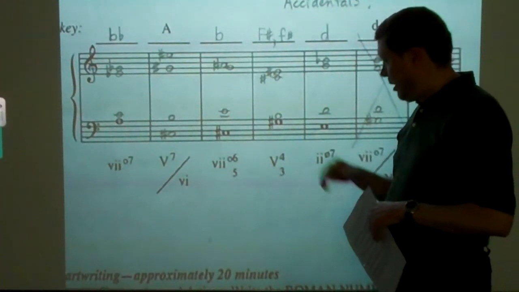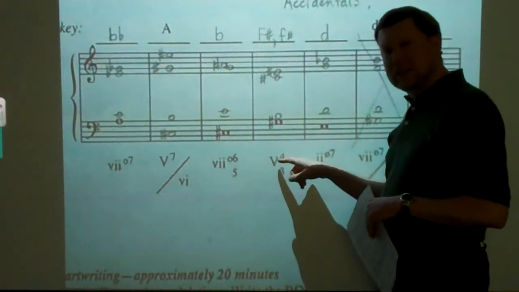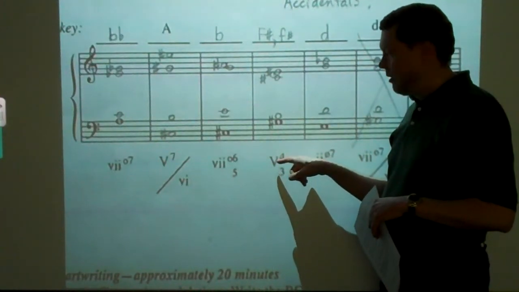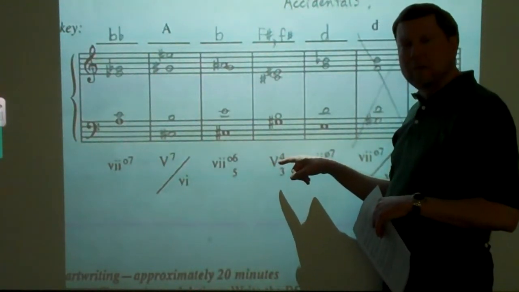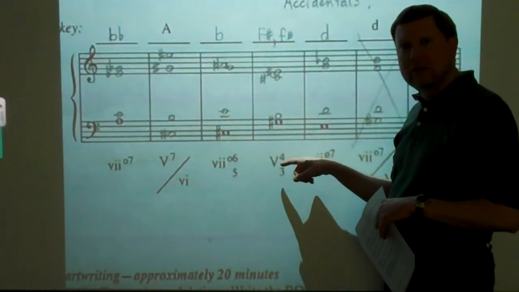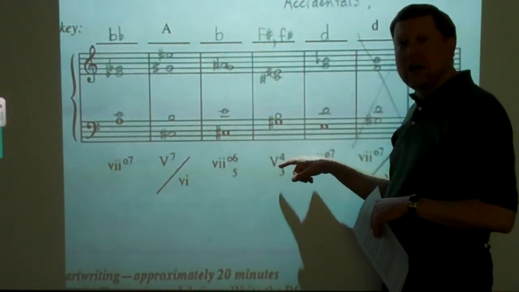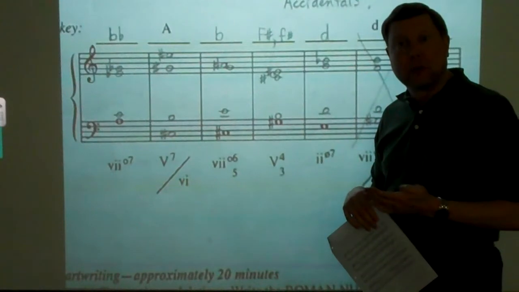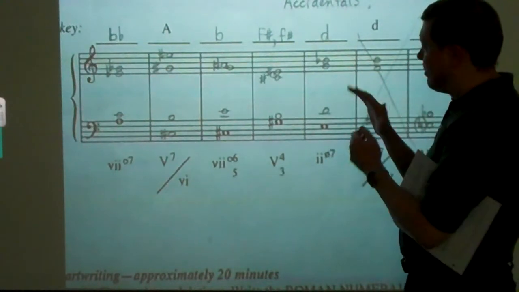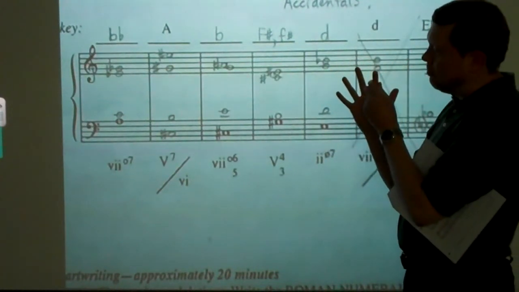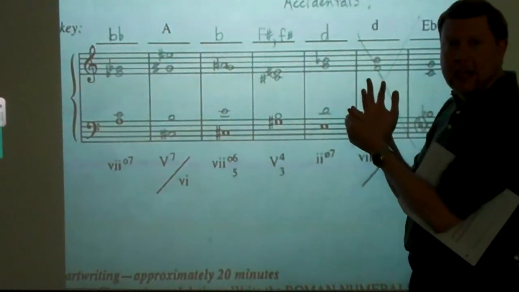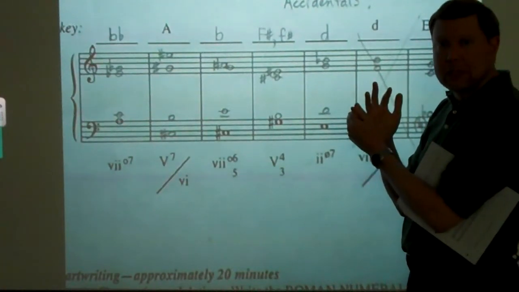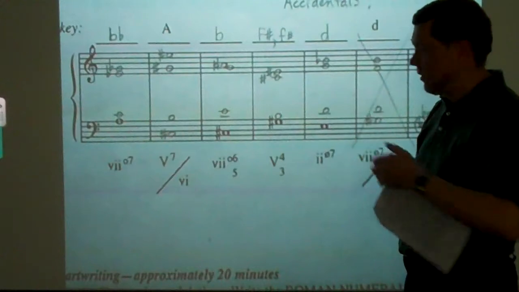If the root of this 5 chord is C sharp, that means C sharp is scale degree 5, which means we are in the key of F sharp, right? If C sharp is scale degree 5, C sharp, B, A, G, and F sharp must be the tonic.